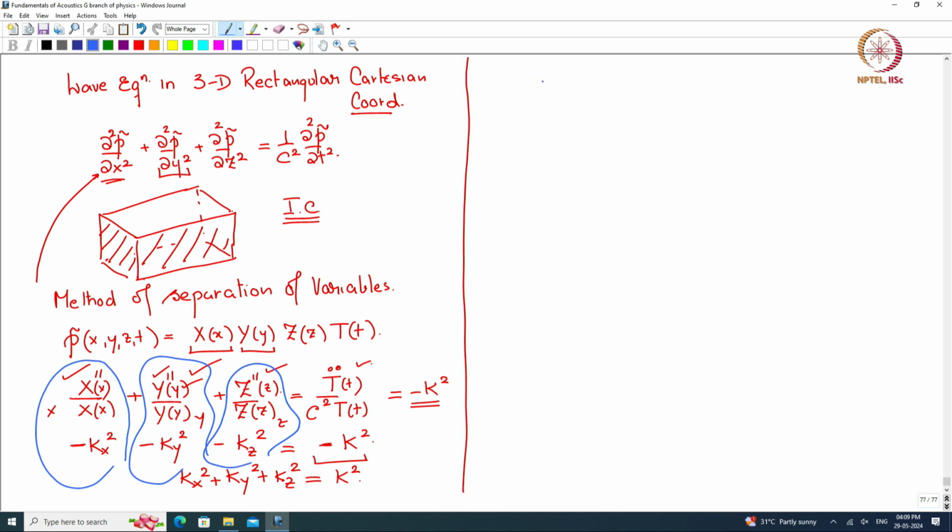So what we get first for x is X double dash of x plus kx square X of x equal to 0. So this is like a simple harmonic oscillator, except this is in space, and these sort of problems are called Sturm-Liouville problems.